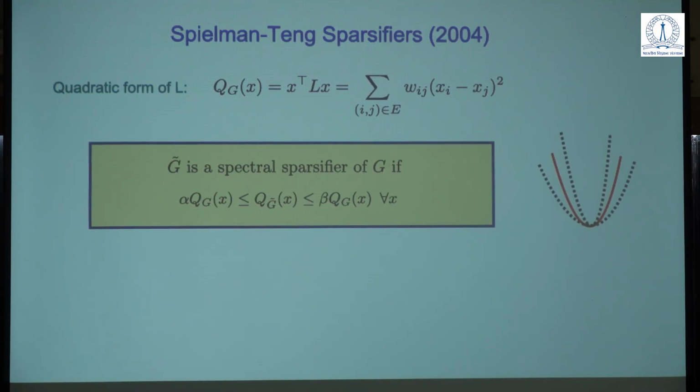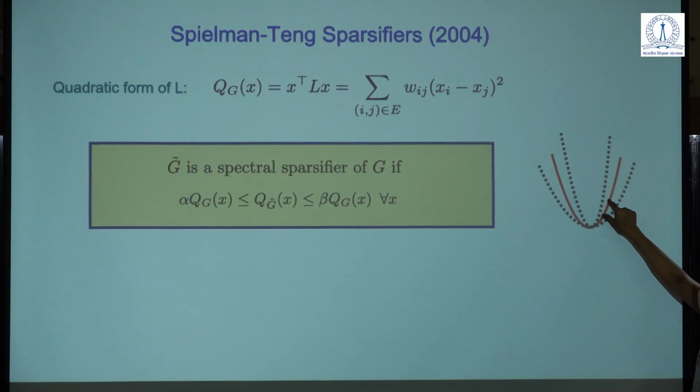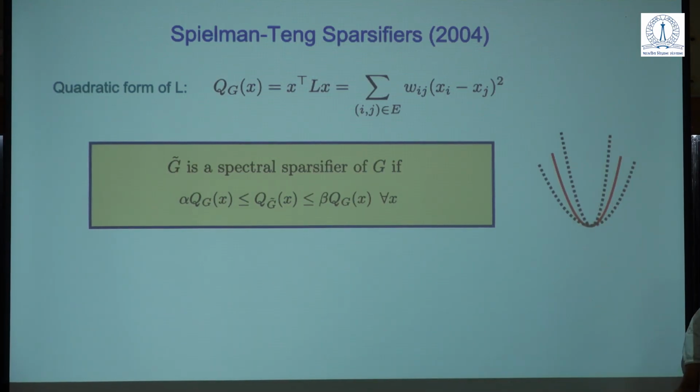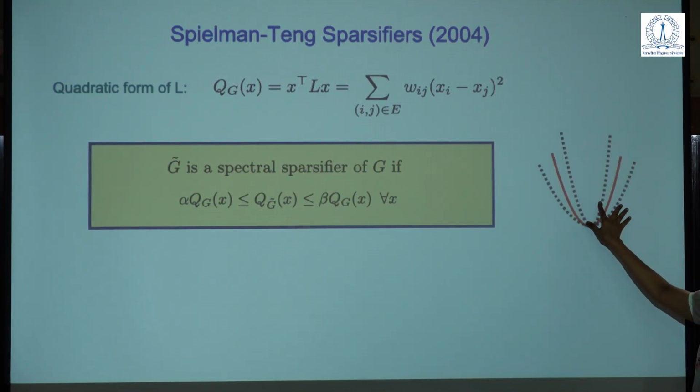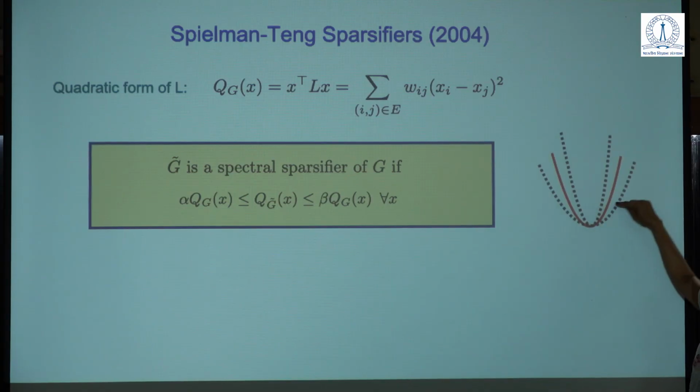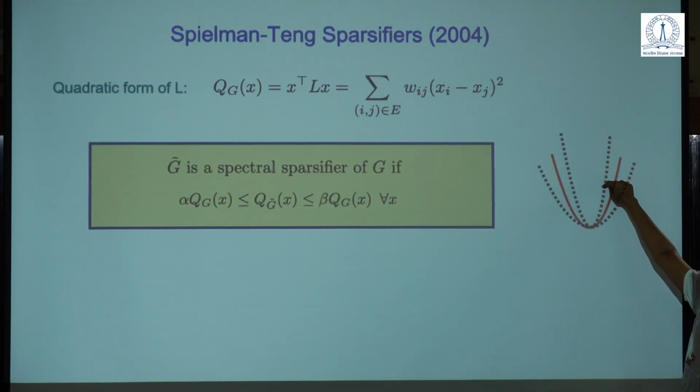Let's assume the red one is the quadratic form of G tilde. It's a convex function, so it looks like this. And then I want this to be sandwiched between alpha times the quadratic form of the original graph and beta times the quadratic form of the original graph.